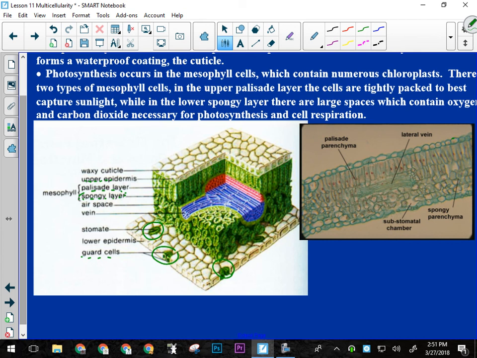If the stomates are open, it can carry out photosynthesis. If the stomates are open, however, water is evaporating. Can a plant allow water to evaporate 24 hours a day? No. If it does, it'll dry out. So the plant can control how much water evaporates by using these guard cells in the stomates.